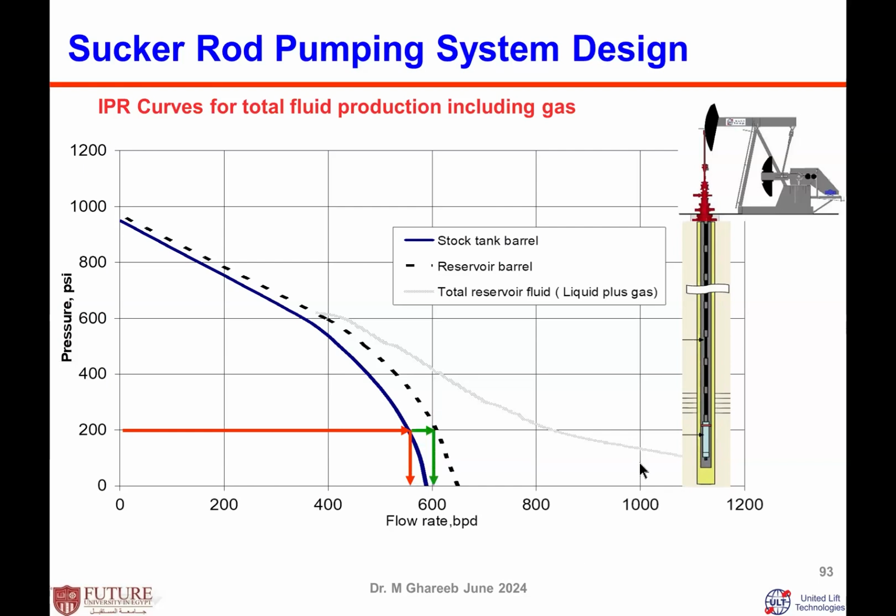If there is no gas, you need to size the pump to lift 6 barrels per day. This is what you call pump displacement. Downhole, I cannot say production; I say pump displacement: how much fluid the pump displaces from the bottom of the well into the tubing.